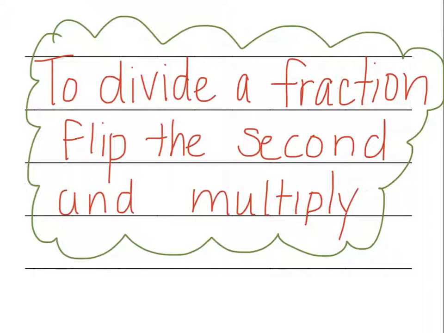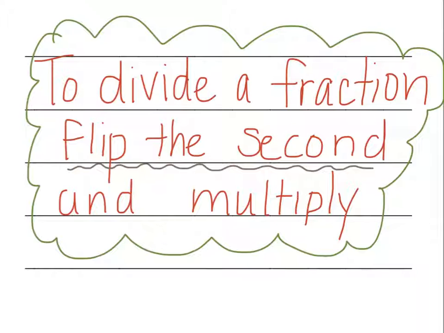So one more time, go ahead and copy that down into the bottom of your notes. To divide a fraction, you flip the second and multiply. Now again, once more, the flipping the second is called finding the reciprocal.